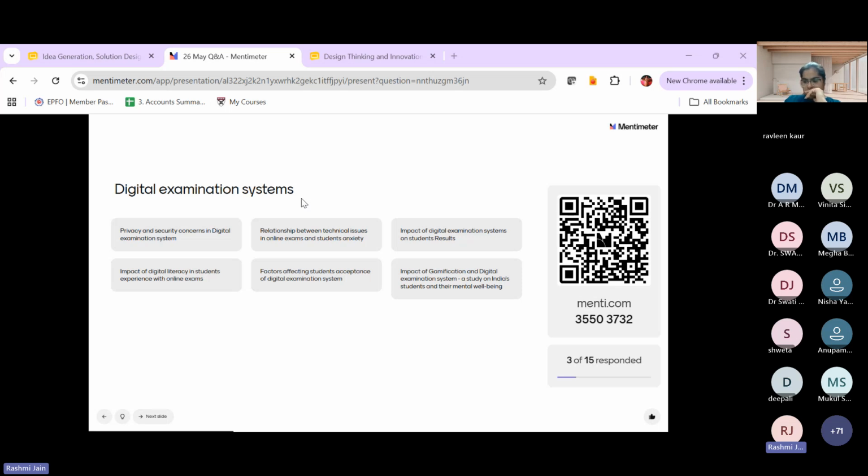So a lot of researchers are looking for ways to control this kind of behavior, how can we identify that people are not using the tools while they are giving interviews. So you can think from that perspective also when we are talking about digital examination systems. How can we make them more foolproof?